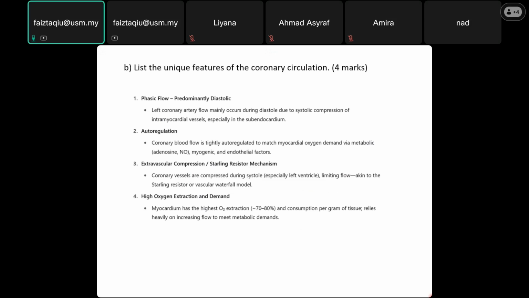Left coronary artery flow mainly occurs during diastole due to systolic compression of intramyocardial vessels, especially in the subendocardium. For auto-regulation, coronary blood flow is tightly auto-regulated to match myocardial oxygen demand via metabolic adenosine, nitric oxide, myogenic, and endothelial factors. For the extravascular compression, which is the stalling resistor mechanism, coronary vessels are compressed during systole, especially the left ventricle, limiting flow to the subendocardium. Number 4, high oxygen extraction and demand.